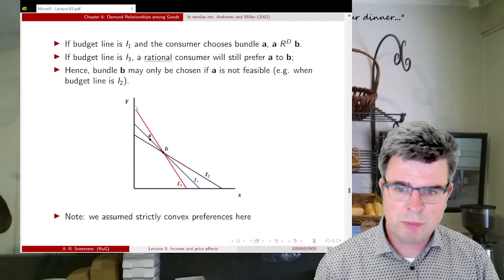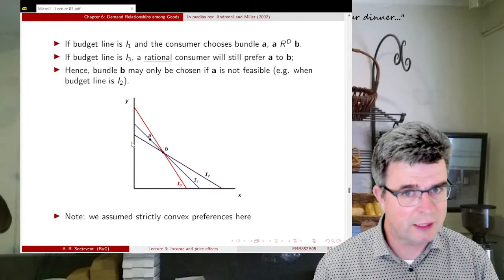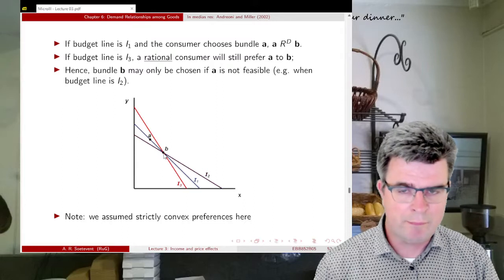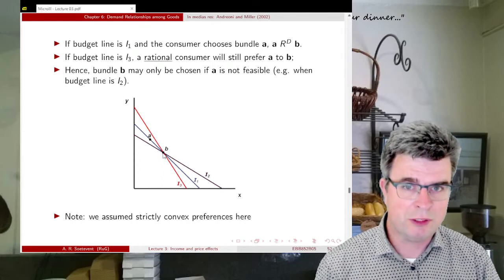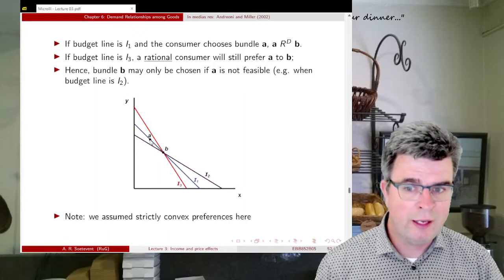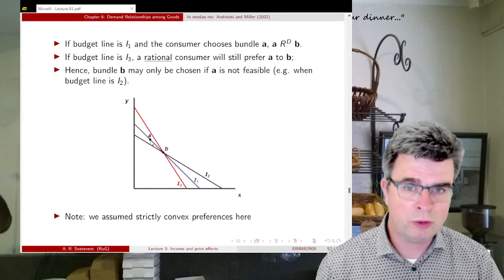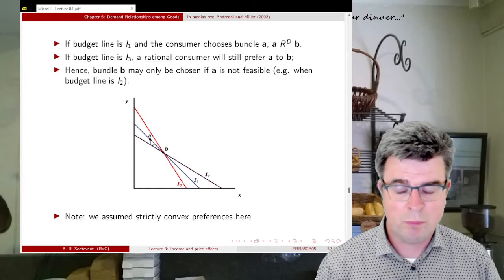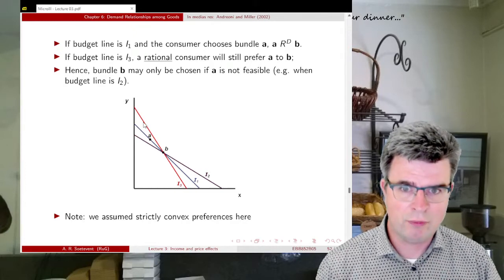Notice that given this budget line, it's still feasible for the consumer to buy either bundle A, because that's inside his budget set, or bundle B. Actually, given these price levels, buying bundle B will deplete the consumer's entire income. He will have no money left. If instead he buys bundle A, he can do so, and given the prices, he will also have some money left. So bundle A is really cheaper than bundle B, given the price ratio that leads to budget line I3.